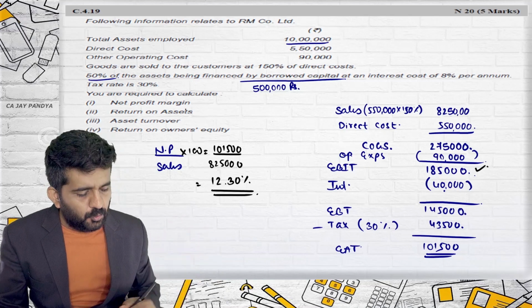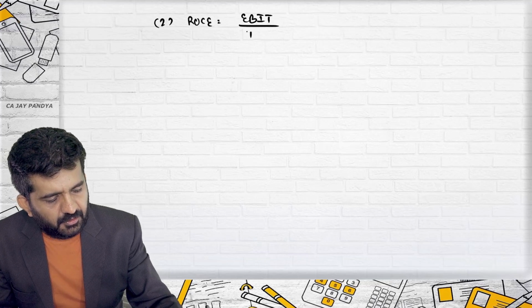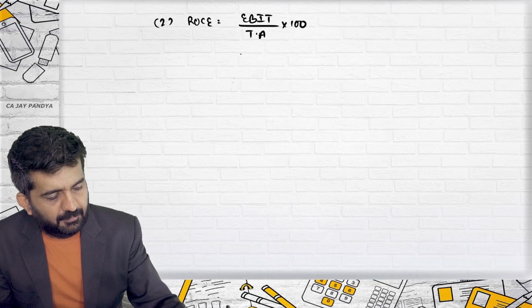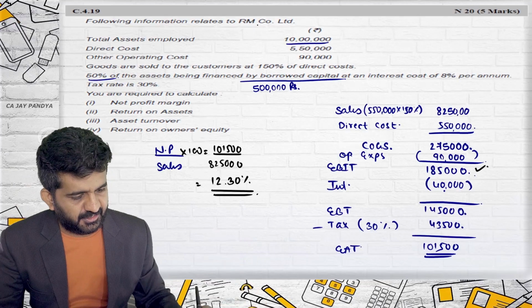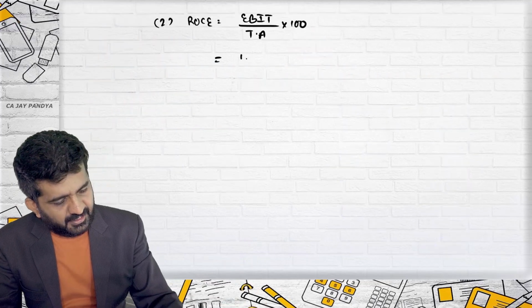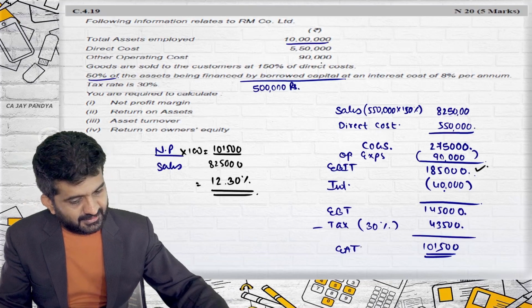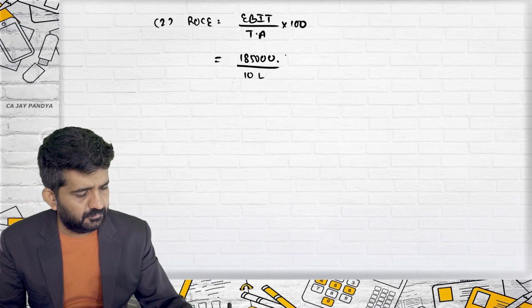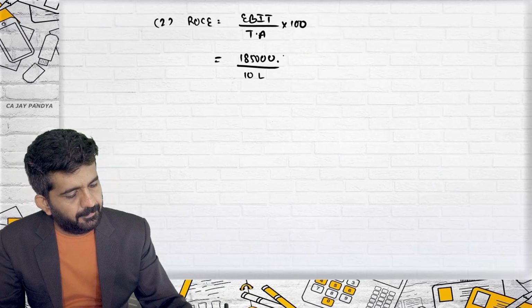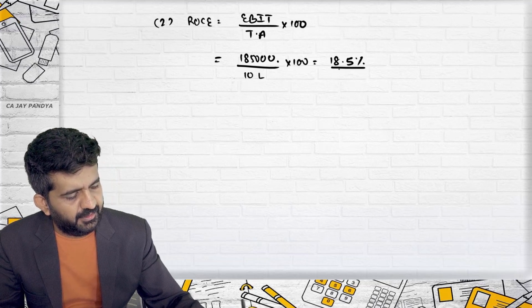If I want to do pre-tax, I can do this, which is EBIT upon total assets multiplied by 100. And believe me, this will be pre-tax because a tax is yet to be deducted. So EBIT is 1,85,000 divided by total assets, given as 10 lakhs, multiplied by 100 is 18.5%.